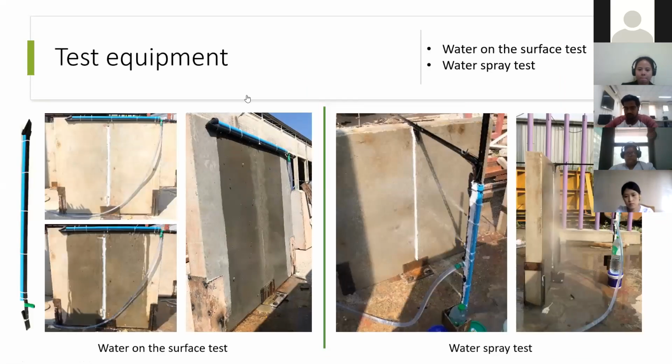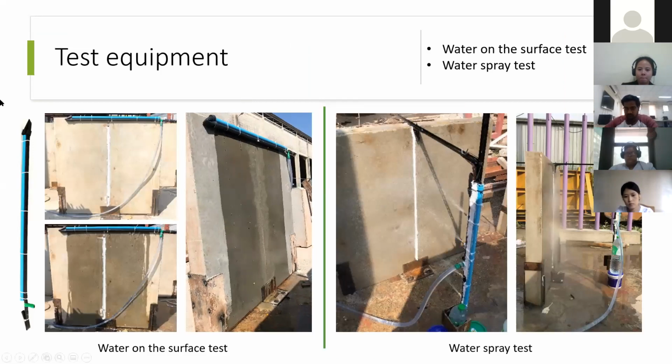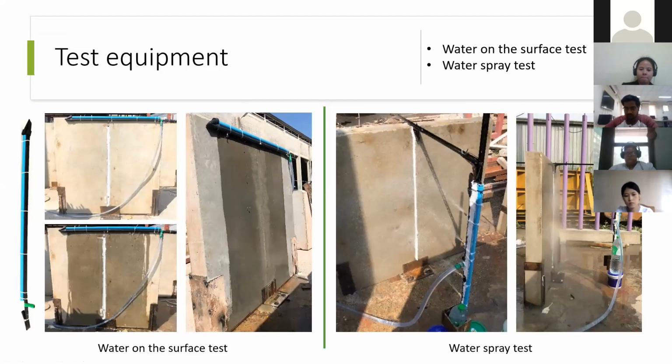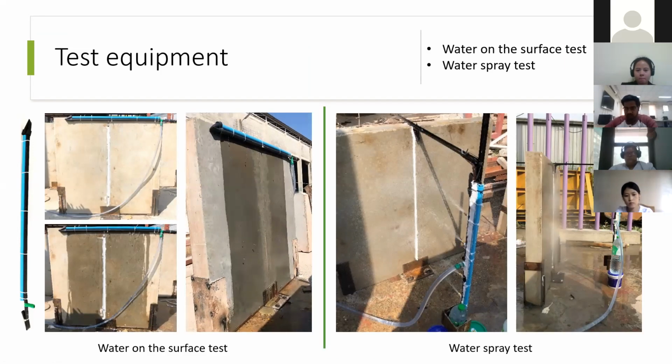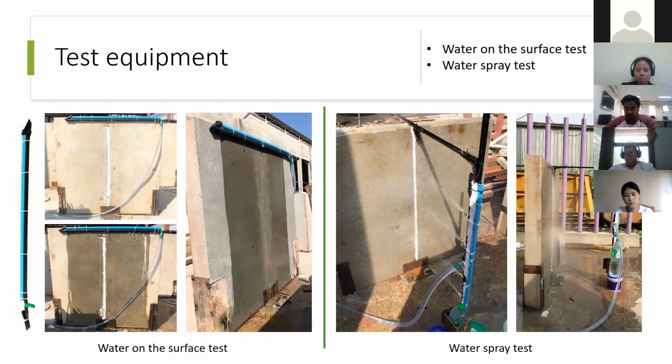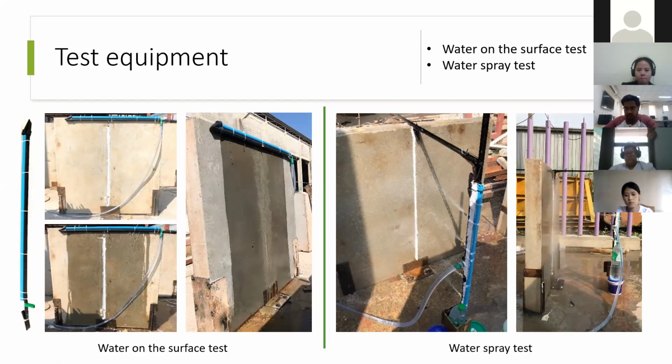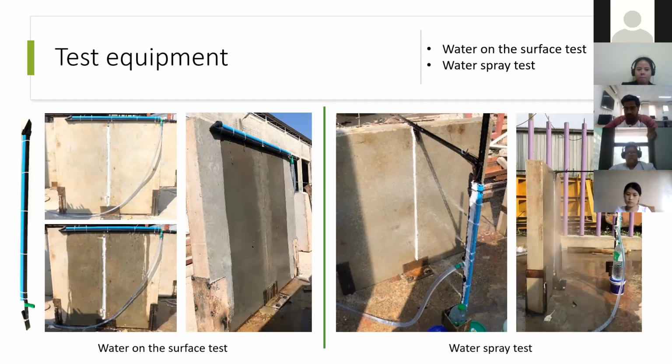There are two pieces of test equipment. For the water on the surface test, a pipe is punched with holes and put on the models, letting a film of water run on the surface to test the joint in the middle.